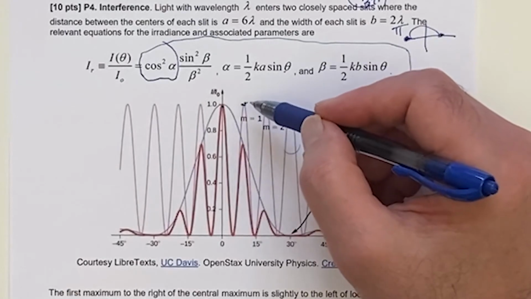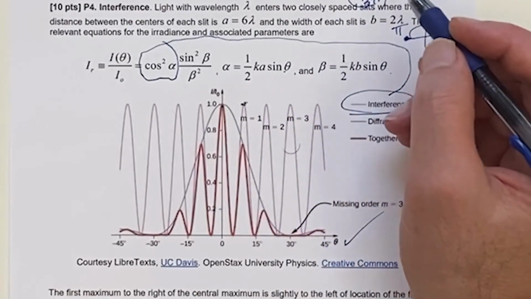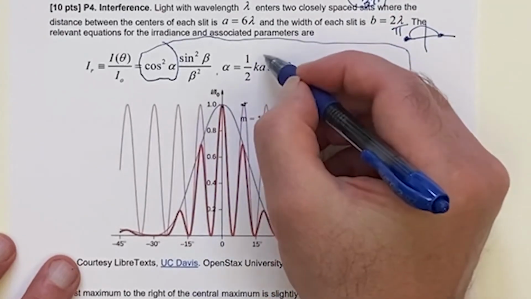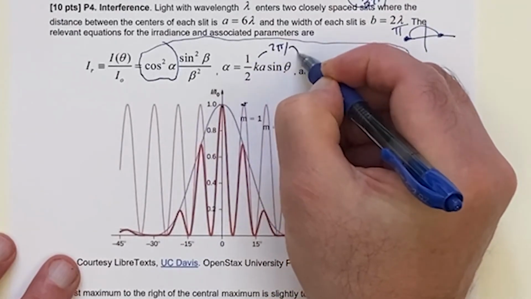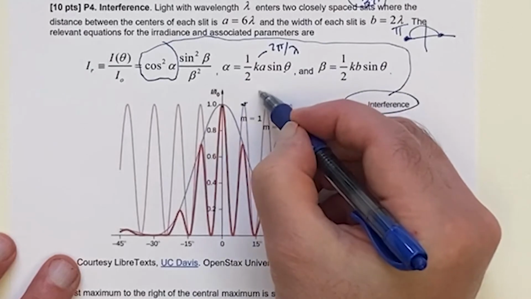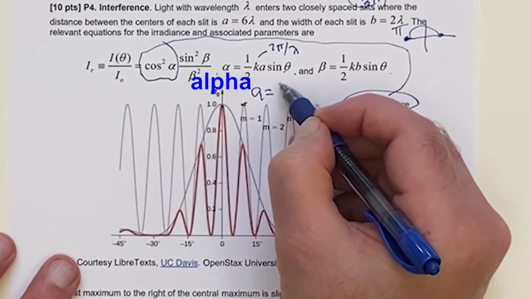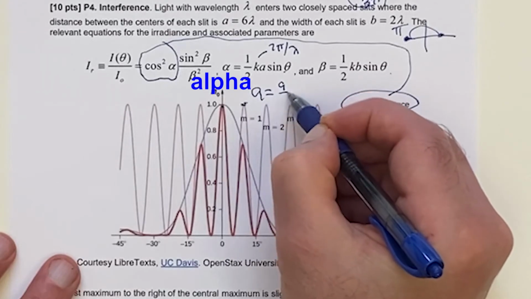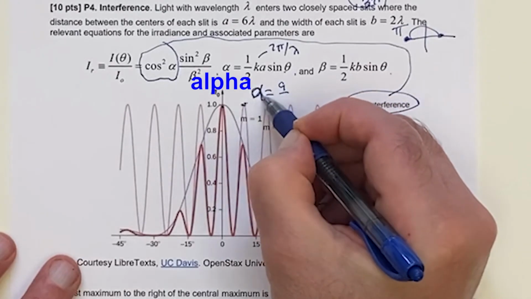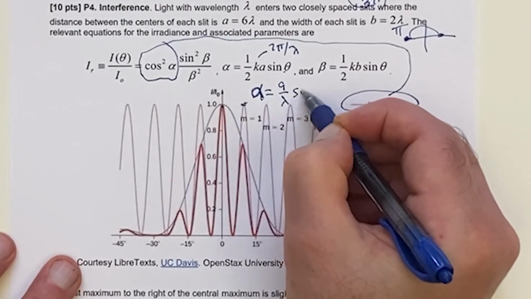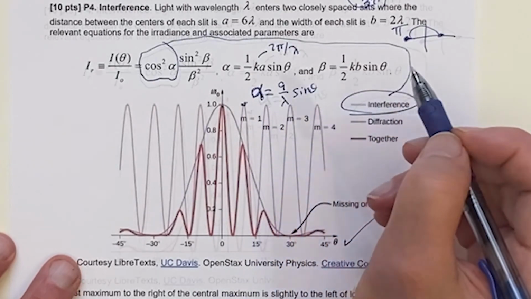So if the alpha is pi, then we'll go to these equations and put in our 2 pi over lambda. The 2's would cancel. This is alpha, a over lambda times the sine of theta.